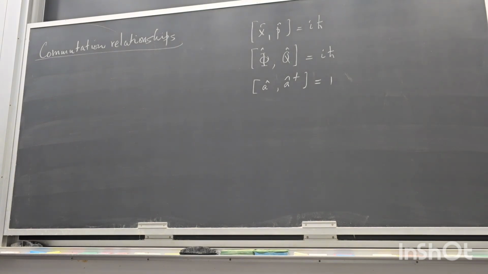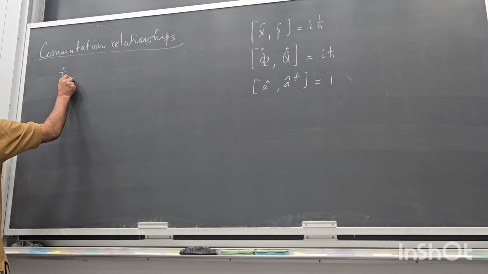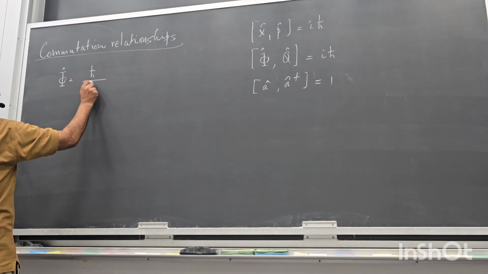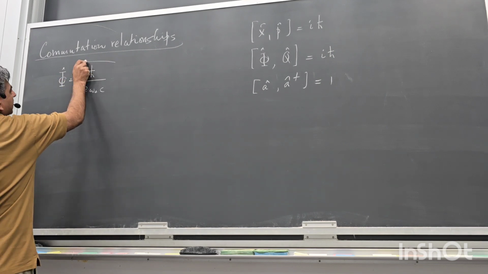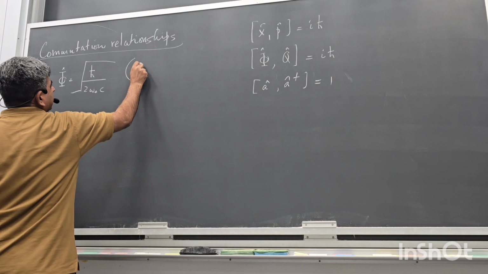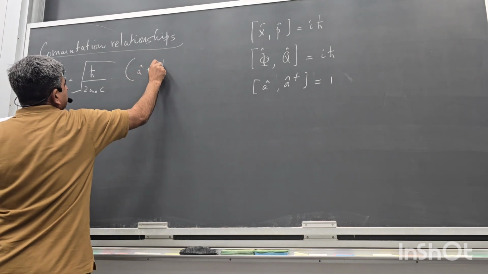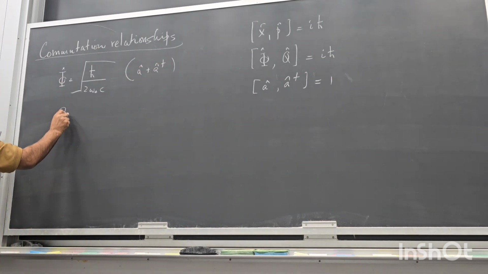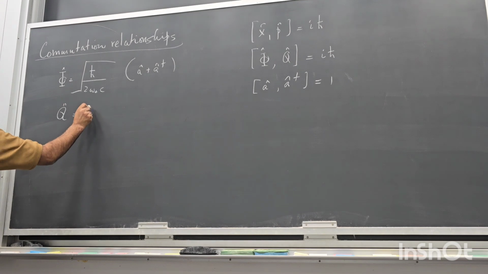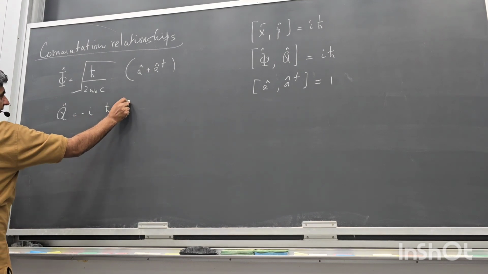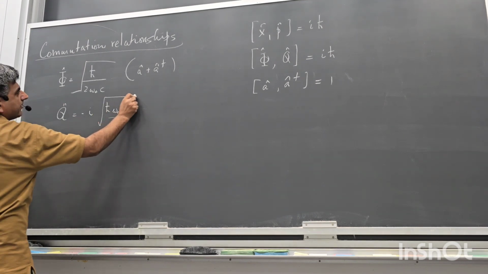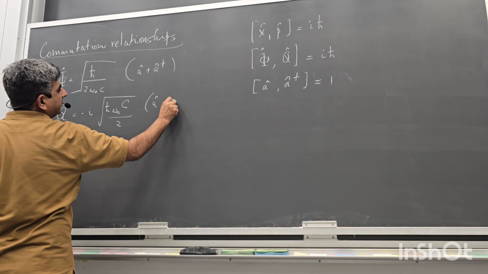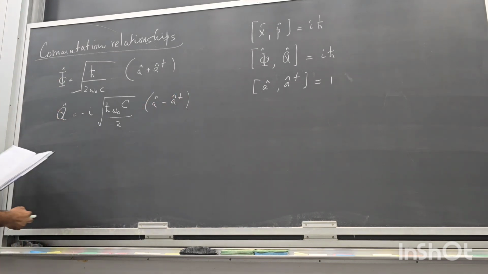And with the proper coefficients, this becomes: my flux operator is the square root of h bar over 2 omega naught c times (A plus A dagger), and my charge operator is minus i times the square root of h bar omega naught c over 2 times (A minus A dagger).